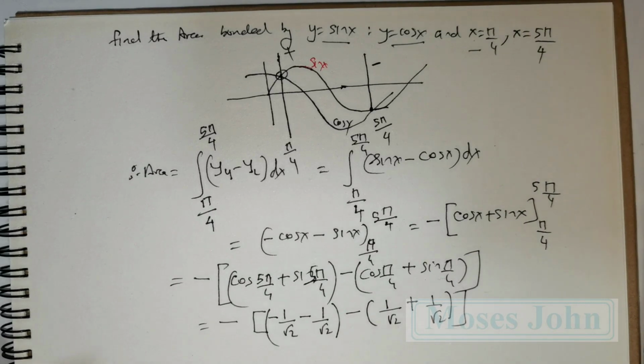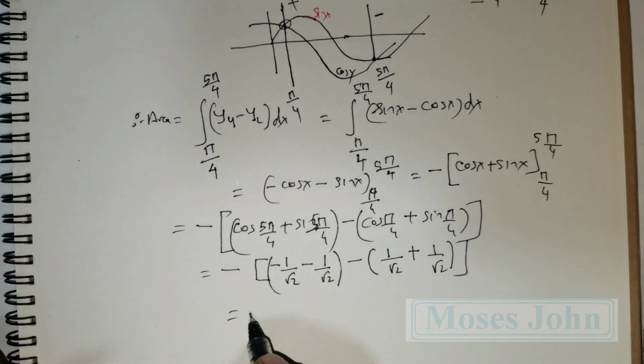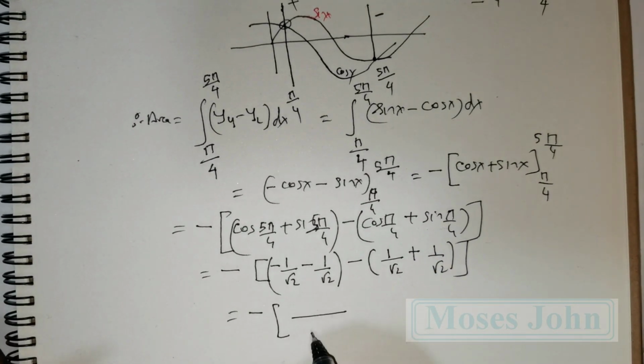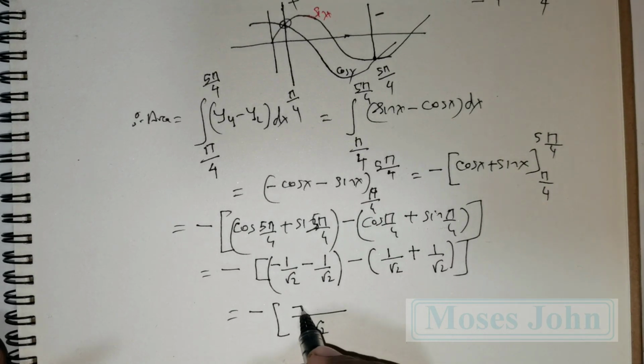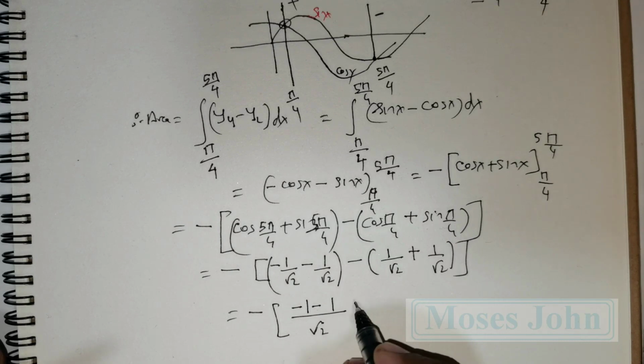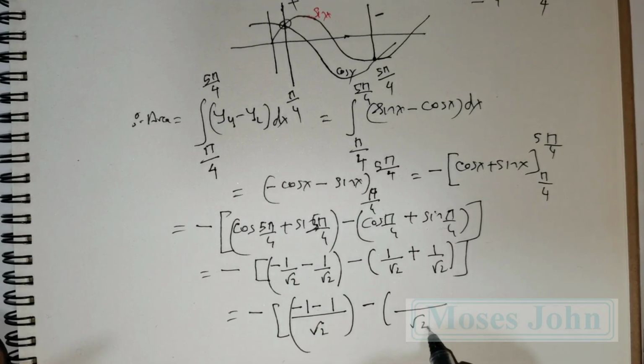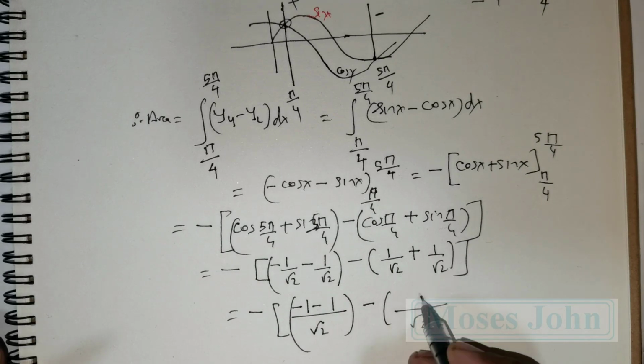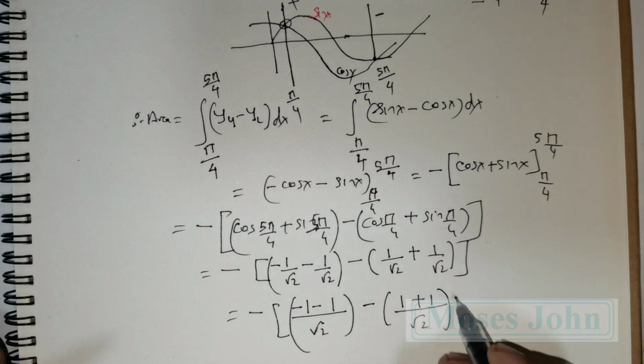Both of them are positive. Now this could be rewritten as negative of, if I were to take root 2 as a common denominator, it's going to be negative 1 followed by negative 1 in parentheses, and similarly root 2 is taken as the LCM, so it's going to be 1 plus 1.